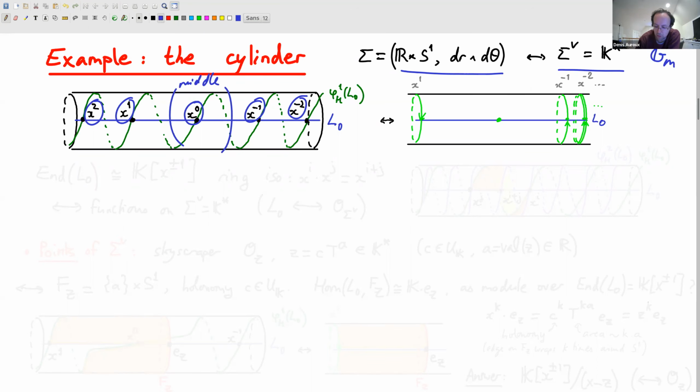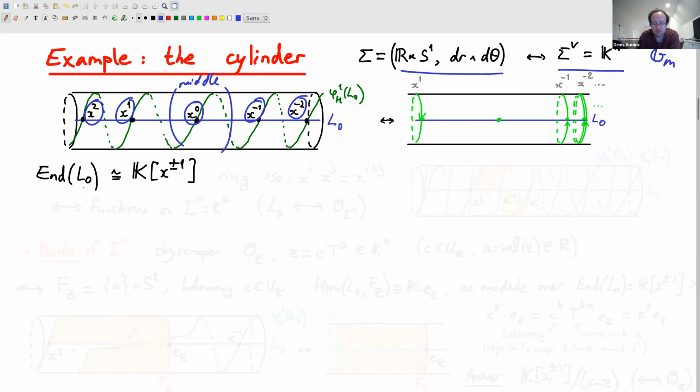And then the one in the middle, x0, is harder to explain here, but it's the fundamental class of L0, basically. Okay, so the claim is right now, as a vector space, the Floer complex of L0 with itself is an infinite dimensional vector space. And so as a vector space, it's the same as Laurent polynomials in one variable x.